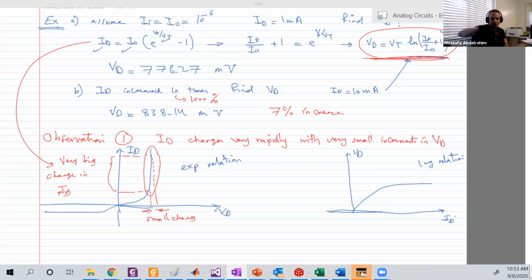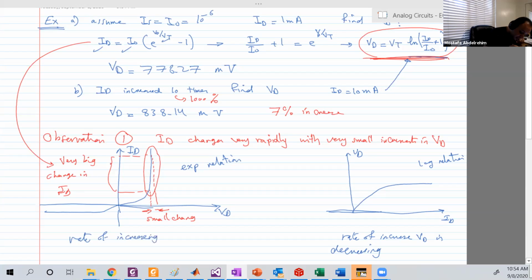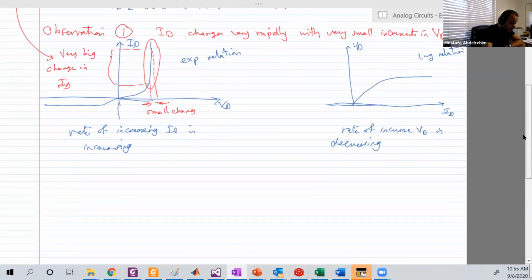So you have this almost saturation shape. Here, the rate of increasing ID is increasing, actually. So this is the first observation, which is very nice.